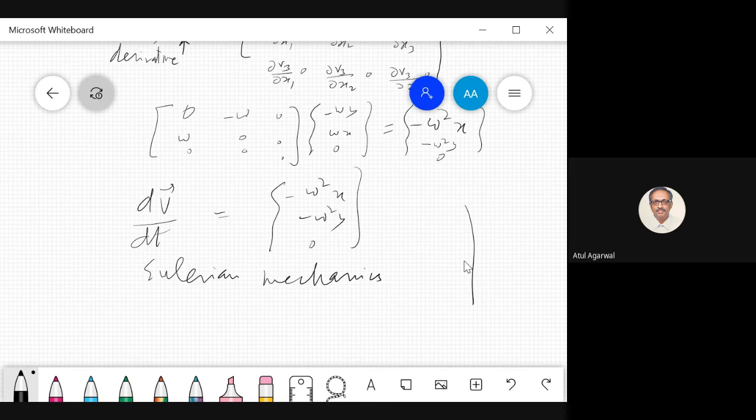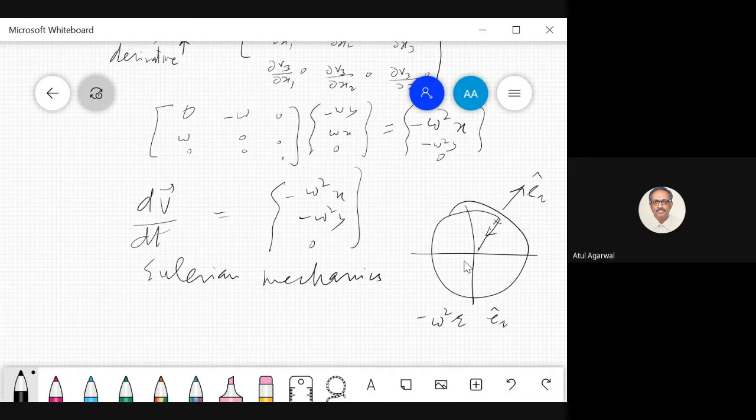If you look at the particle going around in a circle, what is its acceleration? Centripetal acceleration. And what is the formula of centripetal acceleration? Omega square r. It is pointing towards the center. This is your e_r. So the direction is minus e_r.